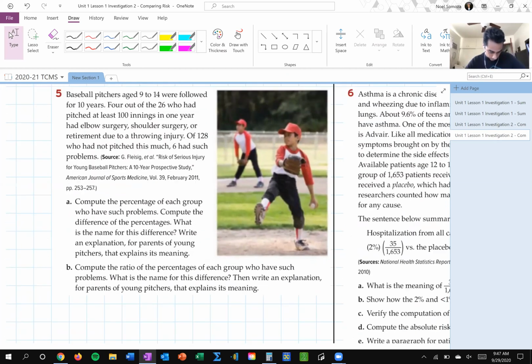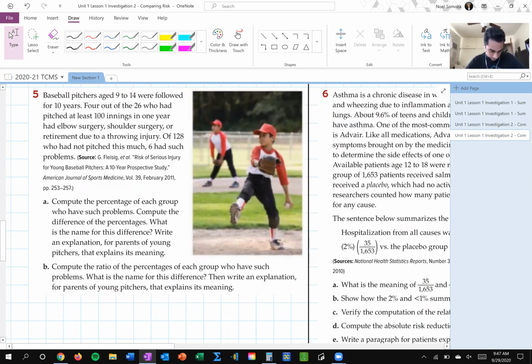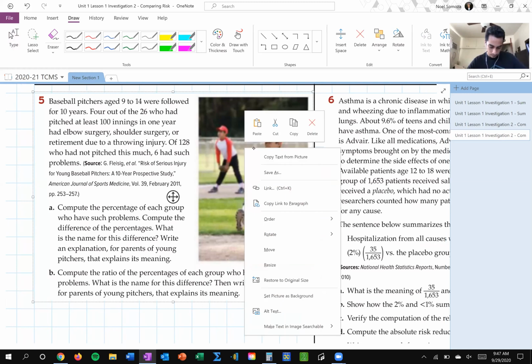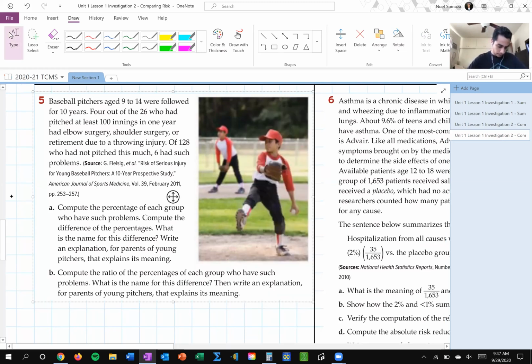Okay, first of all, let's look through what the key, most relevant information is, so that you have that down in your notes as you go back and study these problems. All right, so what we have here is the scenario regarding baseball pitchers when they're young.